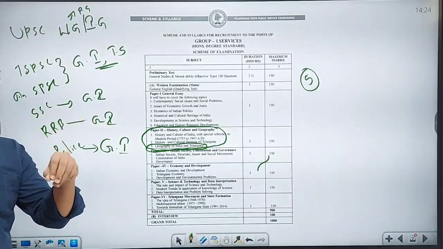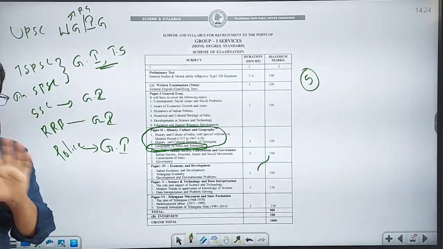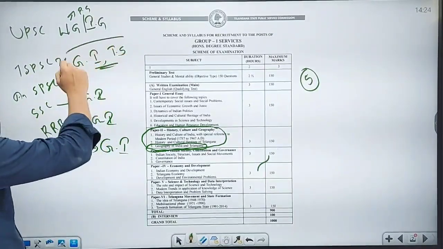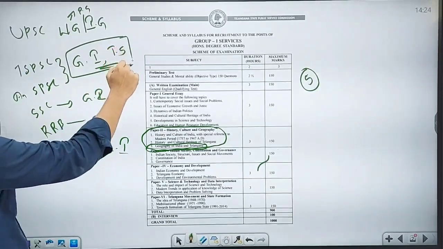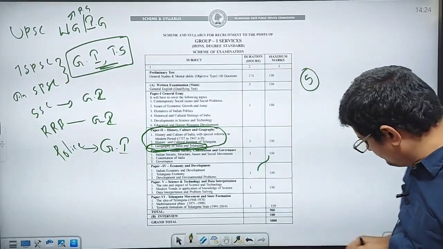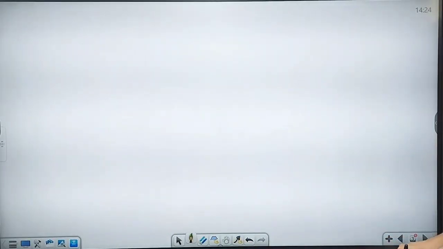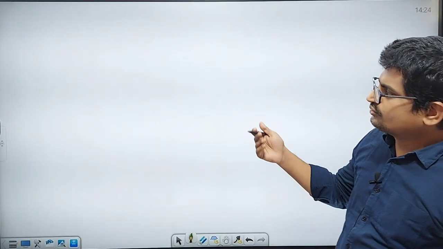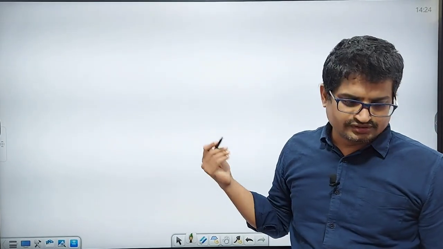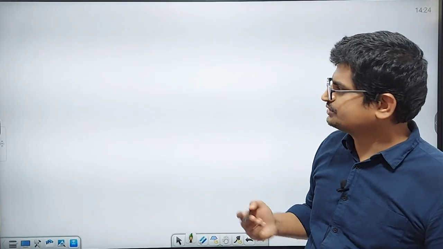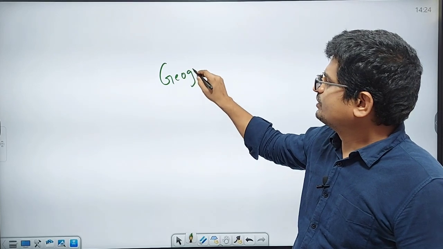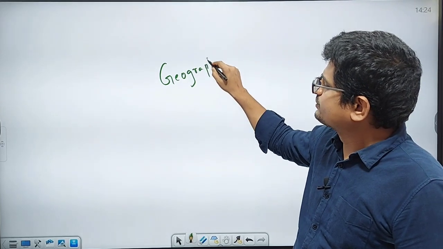They are part and parcel of India only. That is why our syllabus is also geography of India and TS. Wherever geography is mentioned, from our independence or from the establishment of these public service commissions, in geography they divided it into three parts.